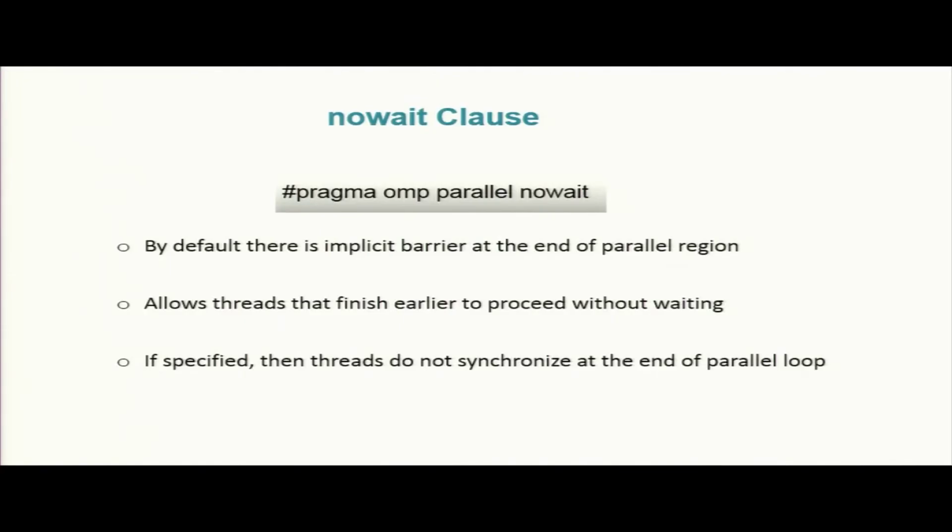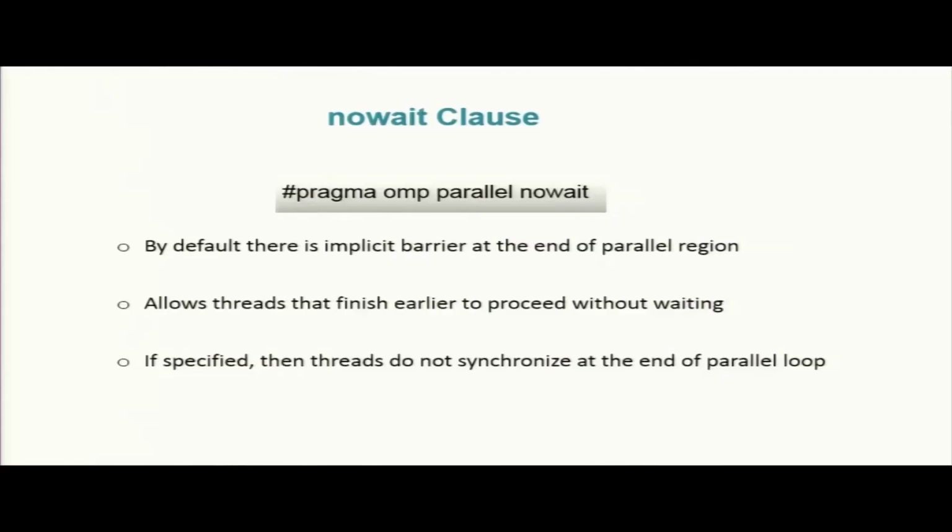If we don't have that wait at the end, then if the master thread comes out of the parallel region, it may have an intermediate value that was still being worked on by other threads, but the master thread has gone on to the later part of the code. So there can be inconsistency in our output.